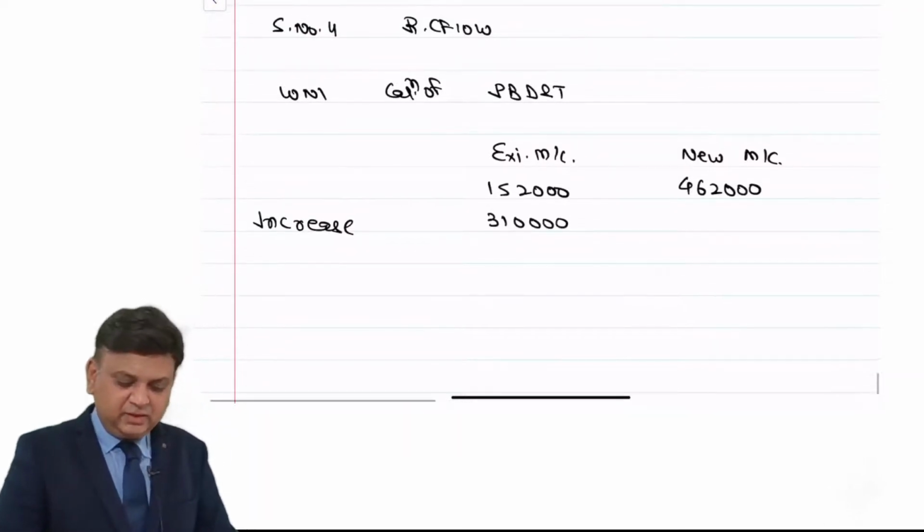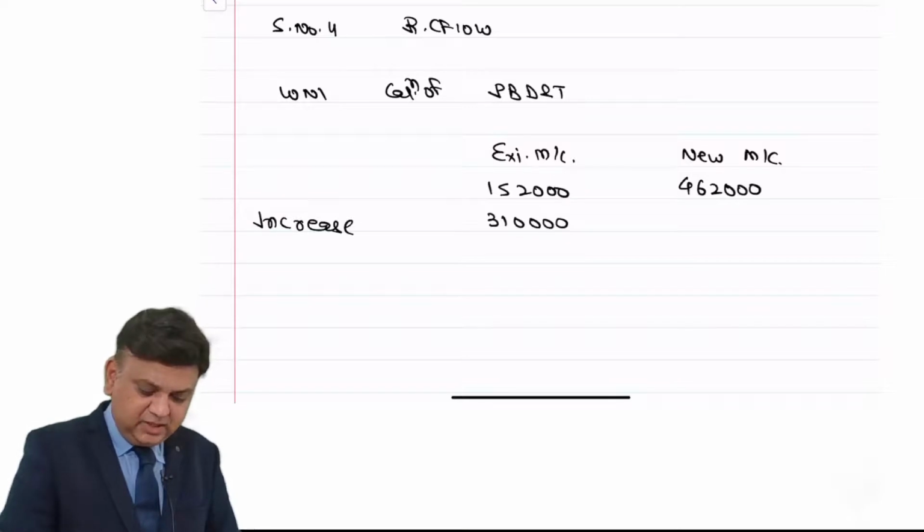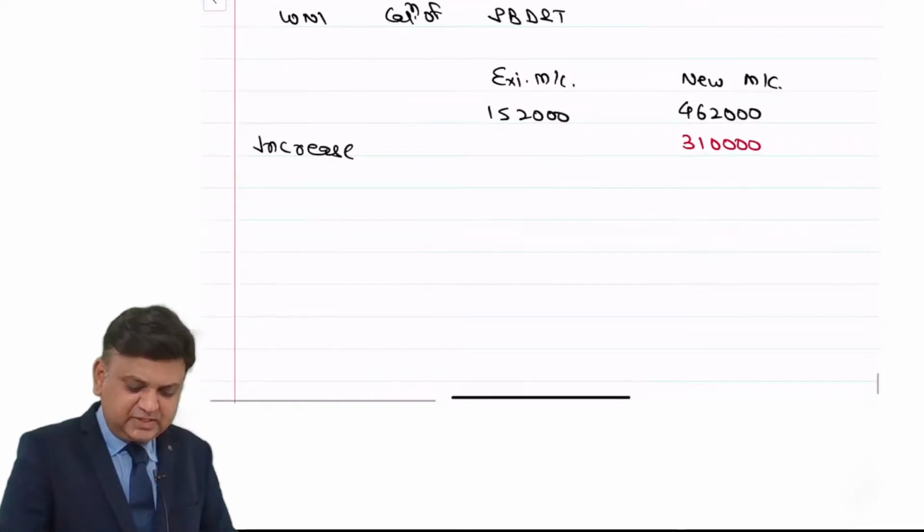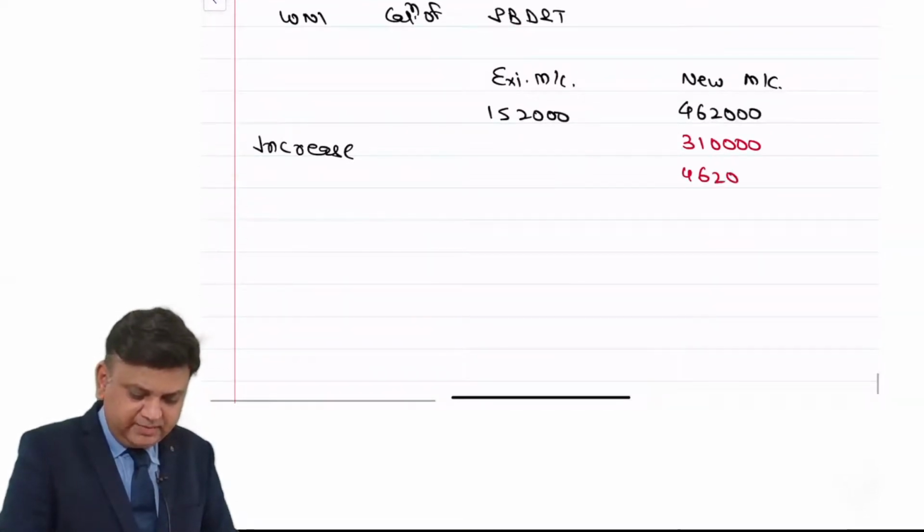So if at all we replace the existing machinery, then there will be an increase by 3,10,000. That is what we understand. That's very simple. Based on the information given, we are required to make the calculation.